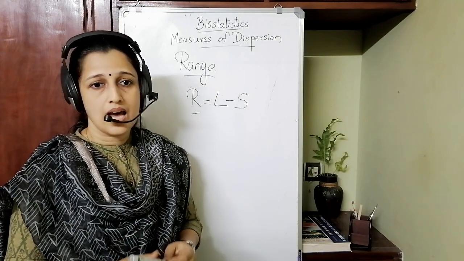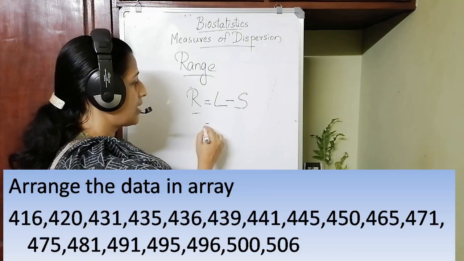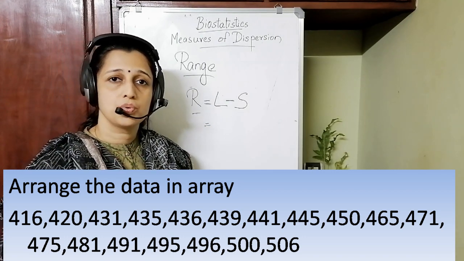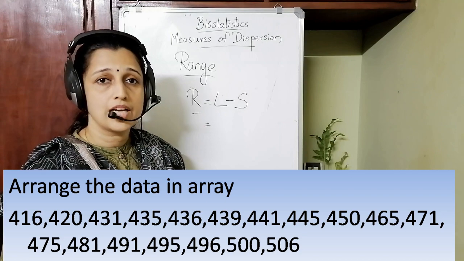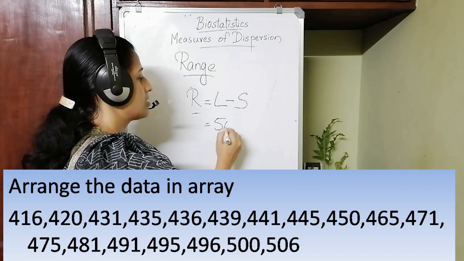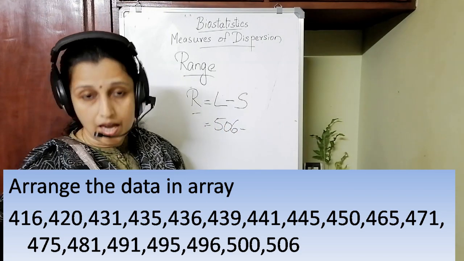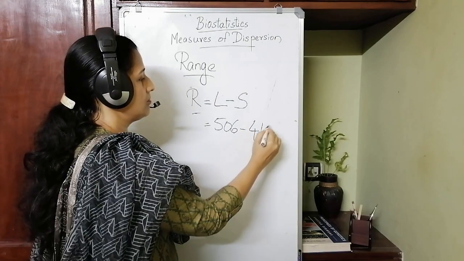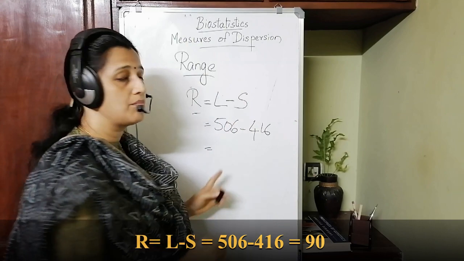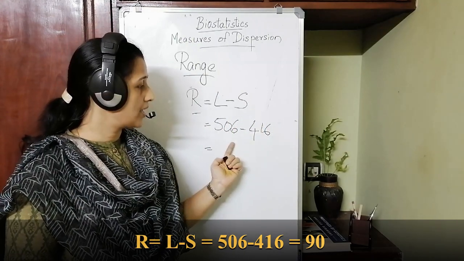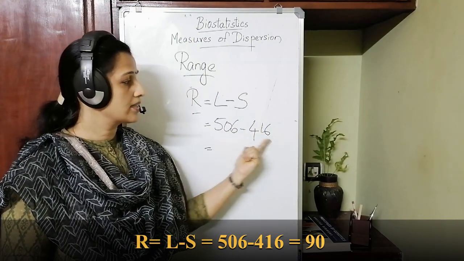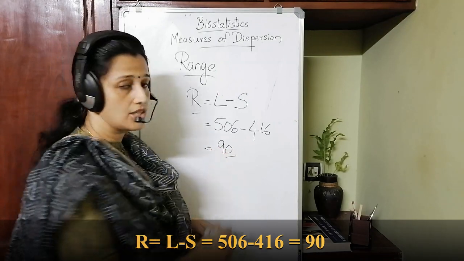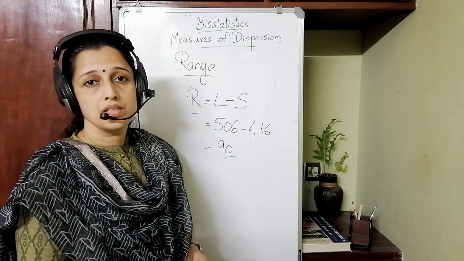Range is L minus S, and after arranging the data like this, the largest value is 506 and the smallest value is 416. So range is equal to L minus S, or 506 minus 416, which comes to 90. So that is the range of the individual series.